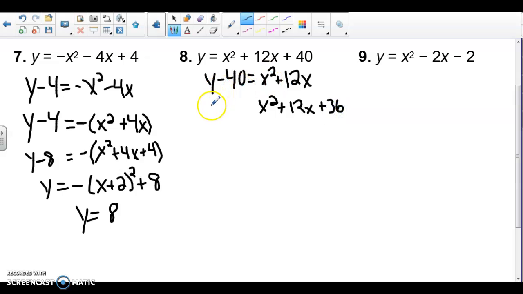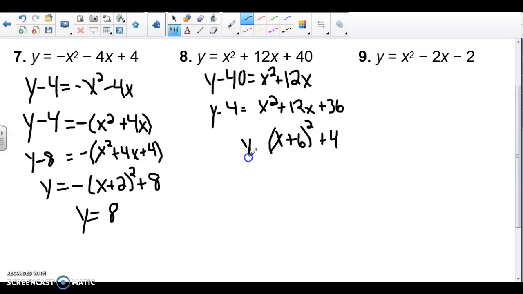And if I add 36 over here, I'll get negative 4. Alright, and so now I want to complete the square over here, so that'll give me x plus 6 squared. And I'll add 4 from this side, give me plus 4.